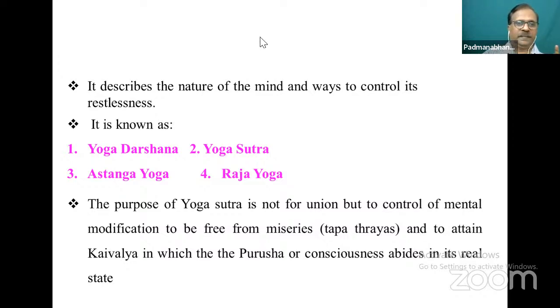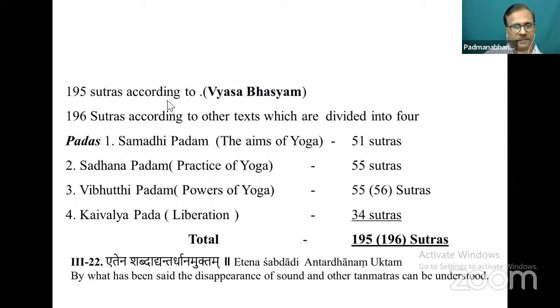Then, I have already discussed 195 sutras according to Vyasa Bhashya and 196 sutras according to other texts. So only one sutra is in excess, in the Vibhuti Pada. What is that? Sometimes UGC may ask. It is in chapter 3, sutra 22: Etena shabdadi antardhanam uktam.